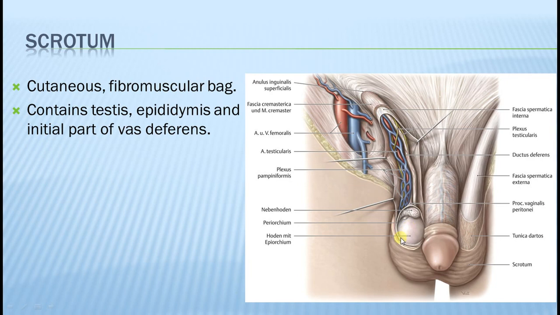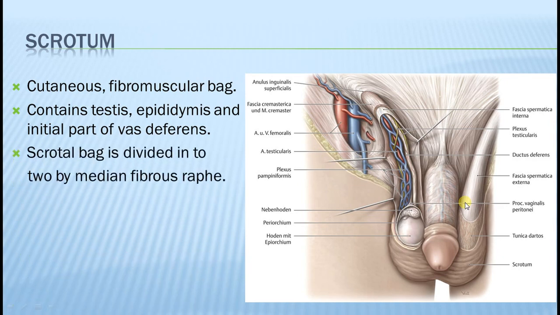It lodges your testis, epididymis and the commencement of the vas deferens, the beginning, proximal part of the vas deferens. Then afterwards vas deferens enters into this thick cord, which is actually called the spermatic cord.